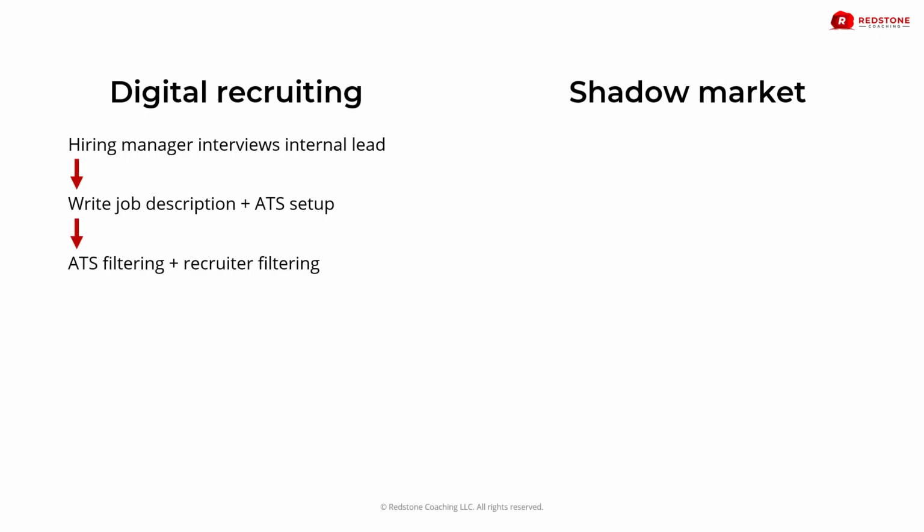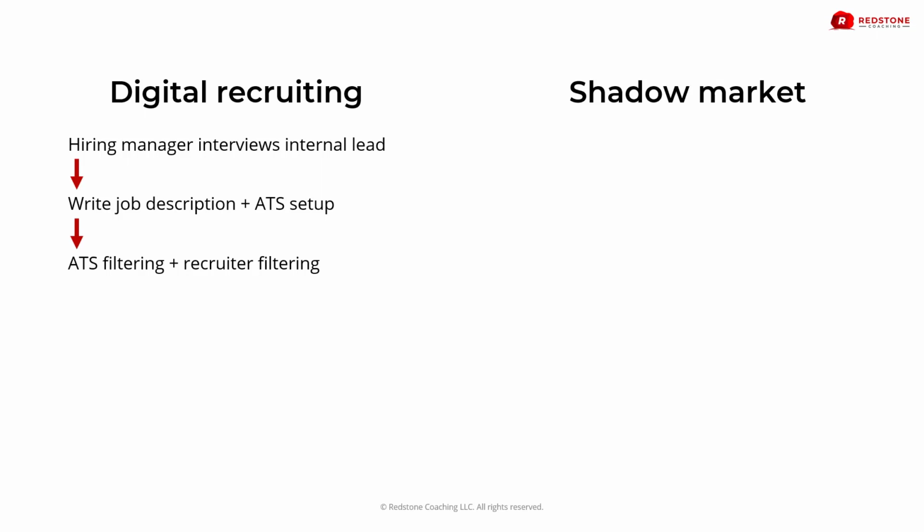And then they're going to go through ATS filtering, which is automatically going to filter through thousands of online applications. Let's say 1,000 applications go through, and maybe the ATS system automatically dumps 70%, so 700 resumes are just purged.